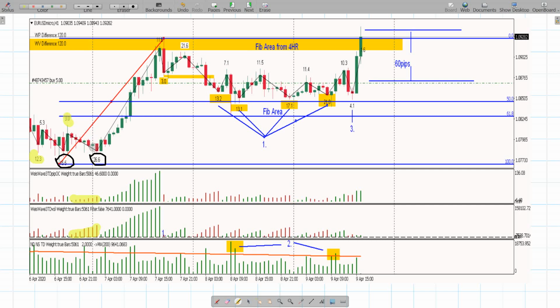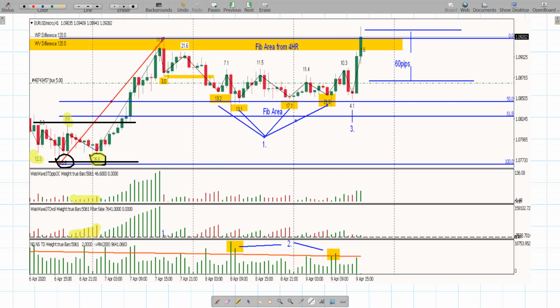Fast speed index first, very slow second. What do we do? We draw our levels. So in that case it will be, I don't know, somewhere here. And since this 26.6 never broke support, this is confirmed after we break up, and this is a Plutus reversal pattern.